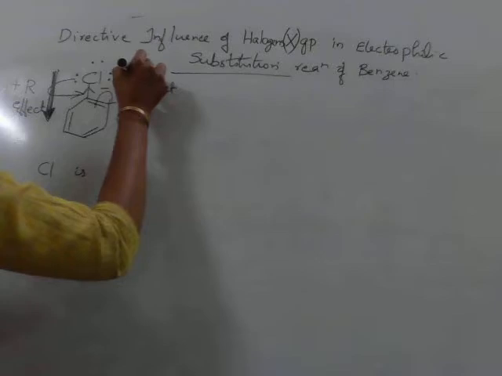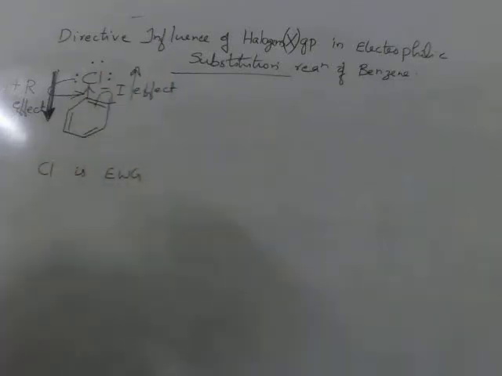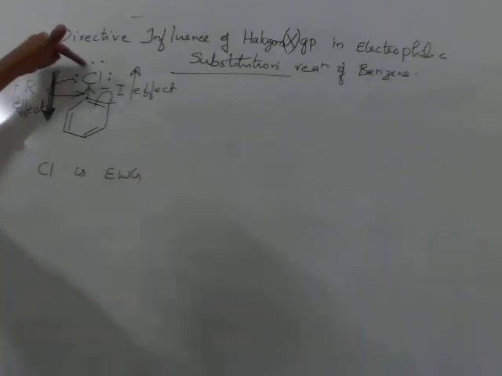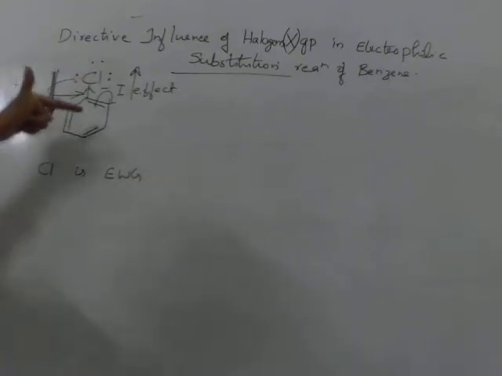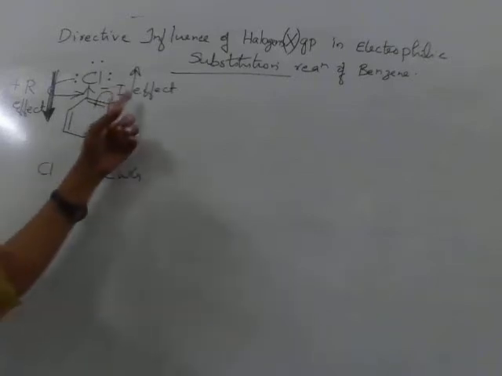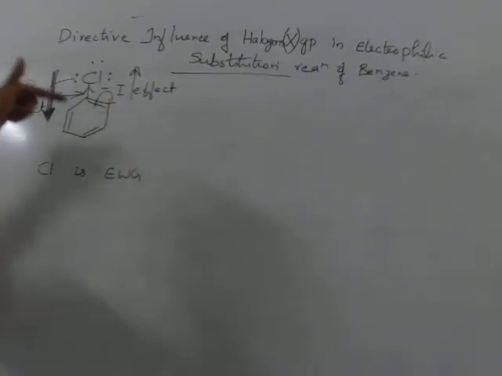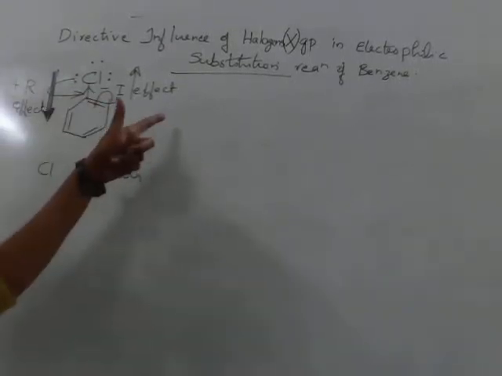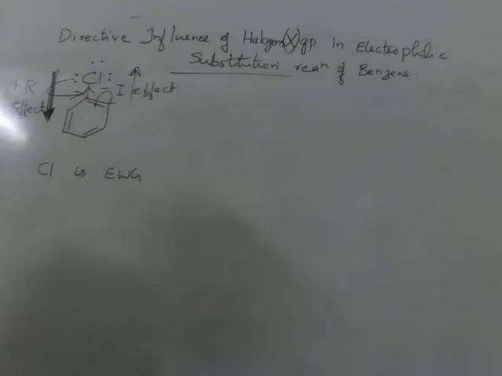Inductive effect acts in the upward direction. So due to resonance effect, the chlorine atom donates electrons into the benzene ring. Electrons move from the chlorine into the benzene ring. Due to negative inductive effect, chlorine withdraws the electron density from the benzene ring. So two opposing effects. The two effects act in the opposite direction.